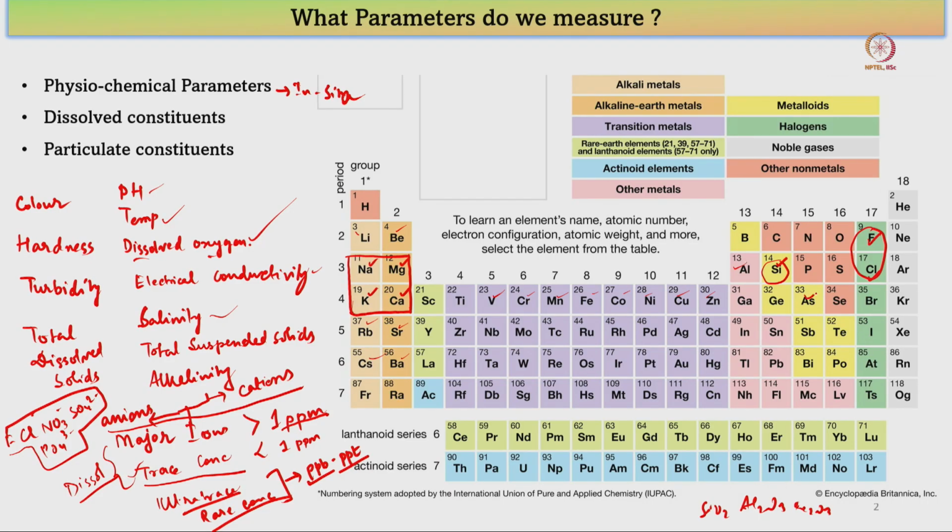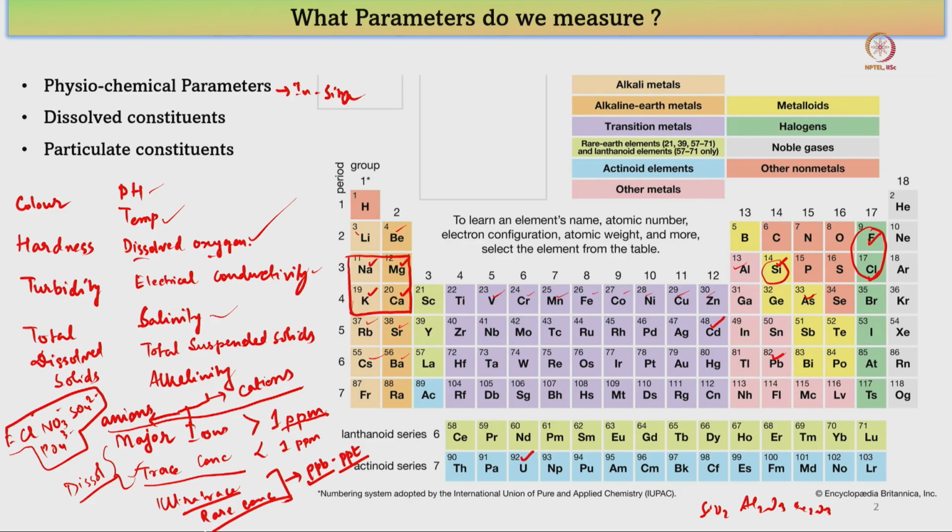We will measure arsenic here, we will measure lead, we will also measure uranium. So, these are the commonly measured trace metals, then sometimes we can also measure cadmium. So, these are mostly the trace metals that we are going to measure in the dissolved state.